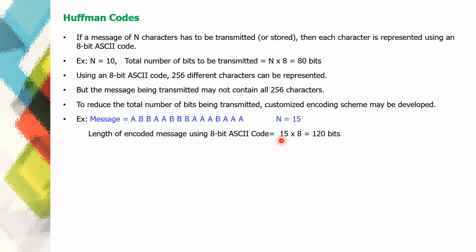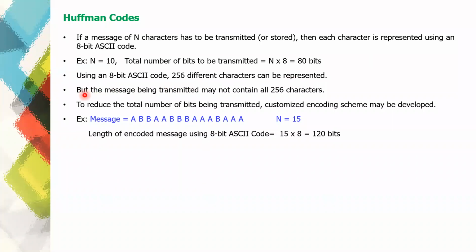As such, 15 characters each will be represented using 8 bits. Totally, if you want to transmit this message on the network or store this message on the hard drive, it will require 120 bits of space. Now, using 8-bit ASCII code, totally 256 different characters can be represented.